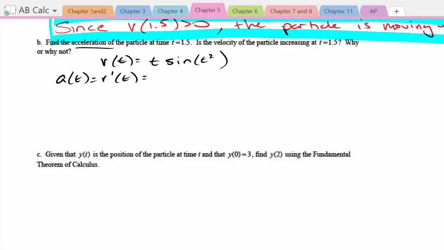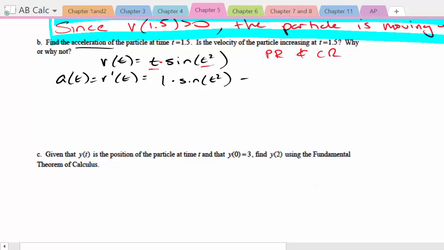Be careful, I see t times sine of t squared. I see a reason to use the product rule and a reason to use the chain rule. The chain rule comes from the t squared. So let's start with the product rule. Start by taking the derivative of t, which is 1, and keep sine of t squared the same.